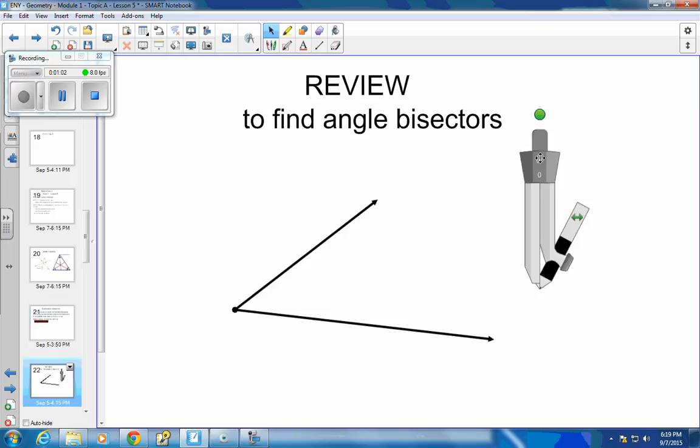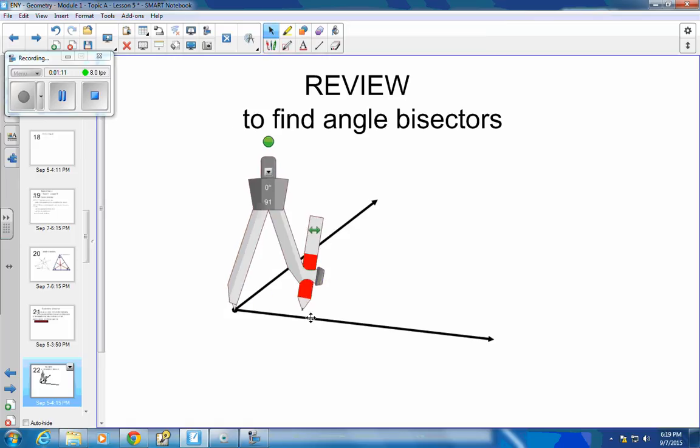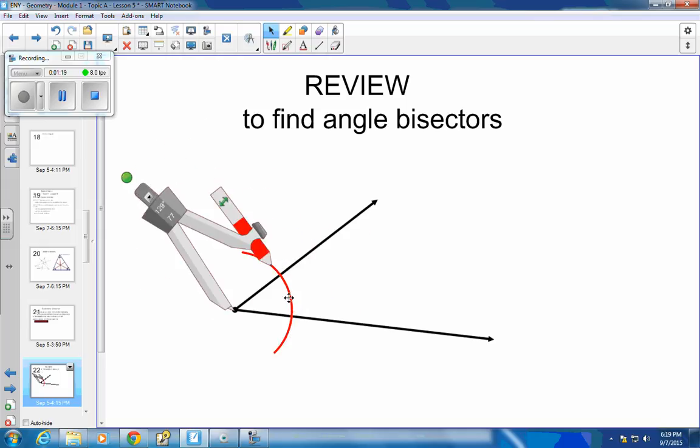Just a quick reminder on how to find an angle bisector. We take our compass, we place it on the point of our angle, we set it to some distance, not important what the radius of our circle is. We draw an arc so it intersects both of our rays of our angle.